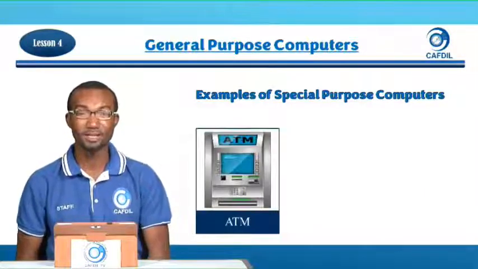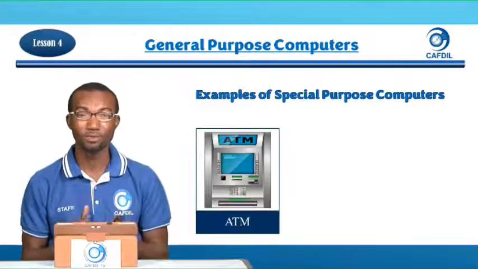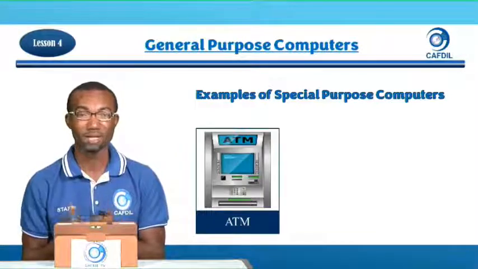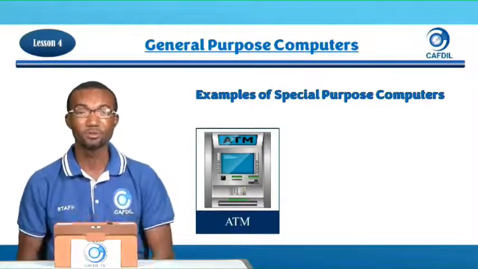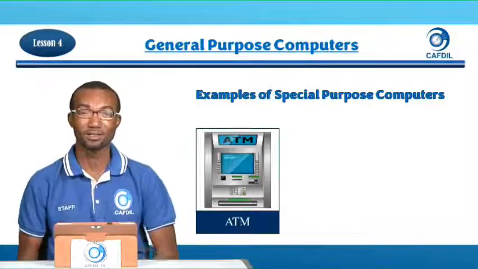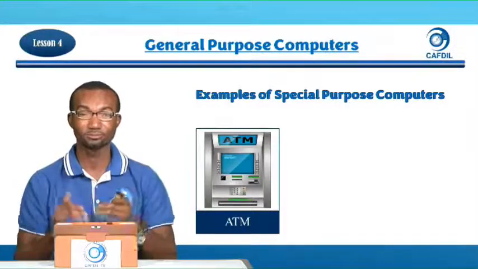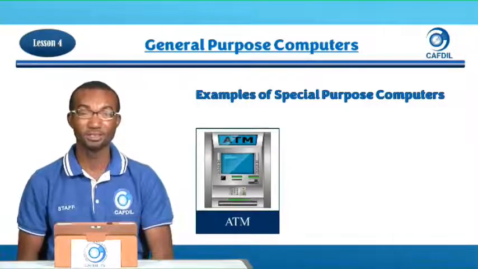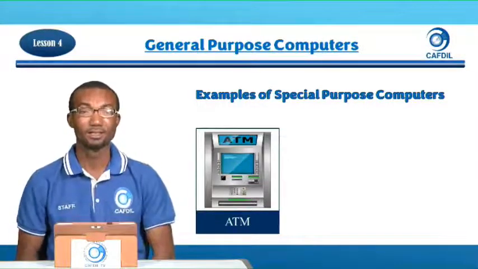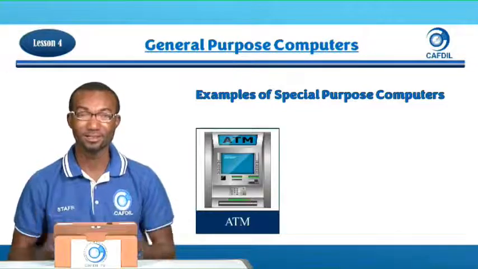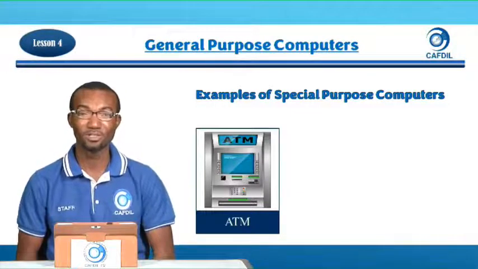We have the ATM here, and ATM means automated teller machine. We normally use this at the banks. They are fixed outside the bank buildings where you can cash your money, especially when there are no banking activities, either on holidays or any other day.